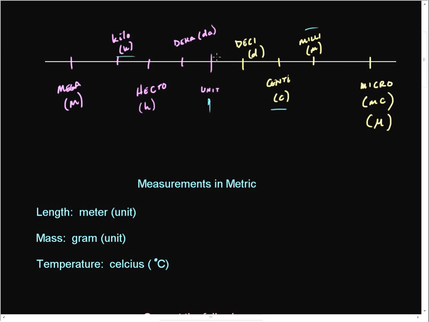Okay, so if you wanted to, for instance, start in the unit section and move down to the micro, you'd go down by a power of 10 to deci, down by another power of 10 to centi, a third power of 10 to milli, but then you have to make a jump of 1,000 to get to micro. And so it'd be 10 times 10 times 10. So it jumps 3 powers of 10.